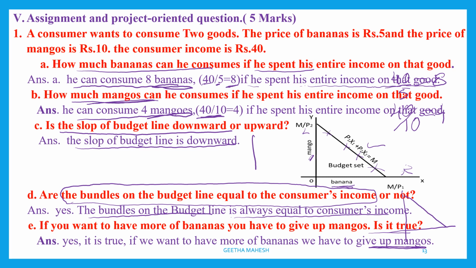You can see here a consumer is at point A, let us assume, consuming B1 units of banana and M1 units of mango. If he wants to have more bananas, say combination B, with B2 of banana, then he has to reduce the mangoes from M1 to M2. So, there is a decrease in the number of mangoes in order to have more bananas.